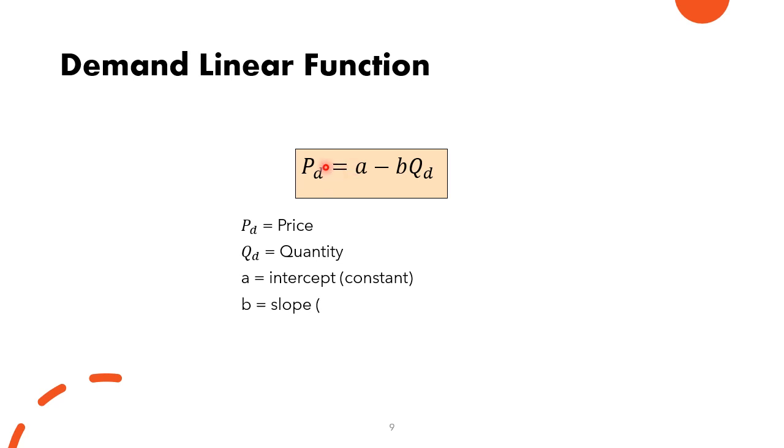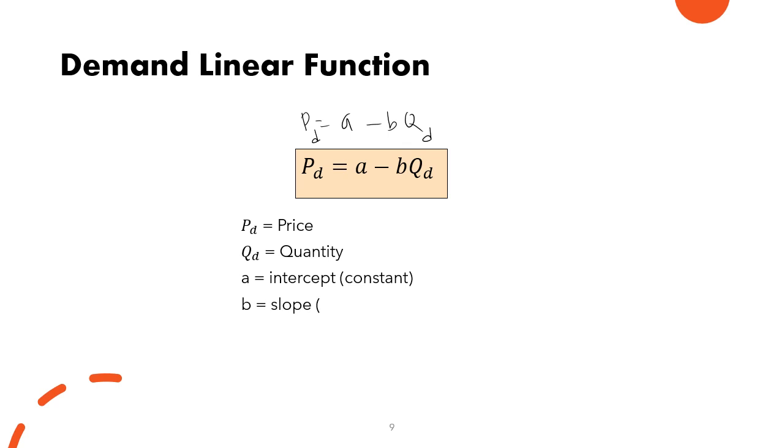So from p equals a minus bq, we name it a demand function just by putting the d underside of the p and q.